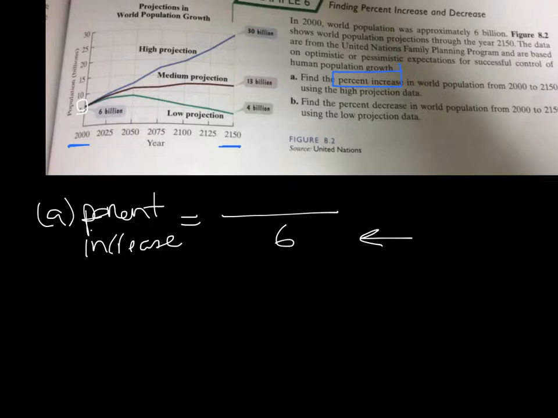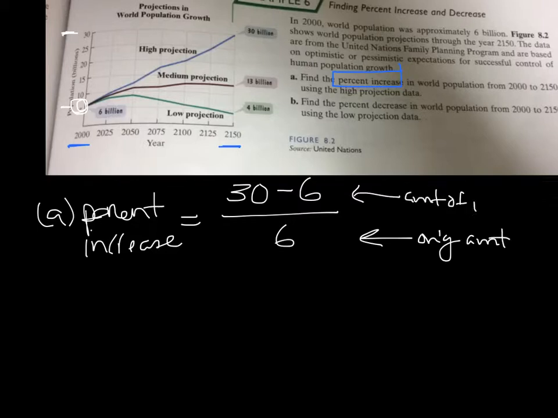Well, it went from 6 billion all the way to 30 billion. So that's the difference, which is subtraction. It's just 30 minus 6. So this is, again, original amount. And let's go ahead and put amount of increase. And hopefully you should have these definitions on your sheet. And so then you're left with 24 over 6, which is just 4.